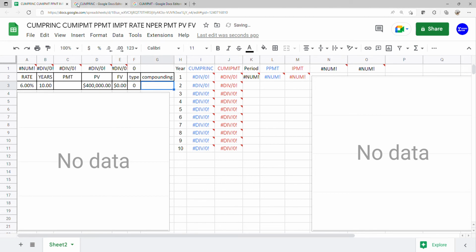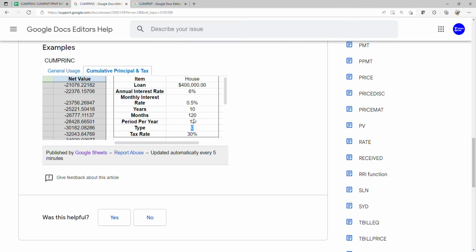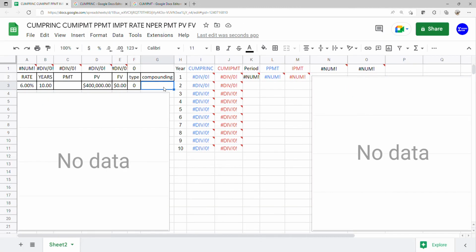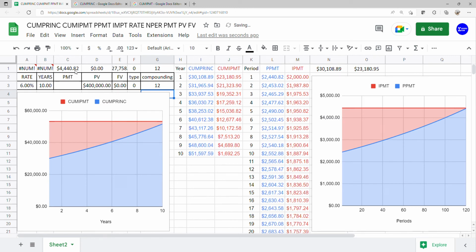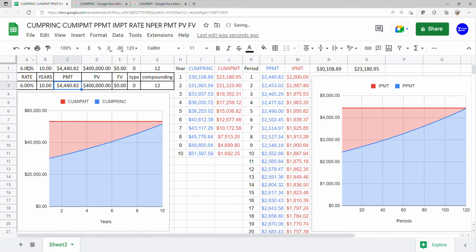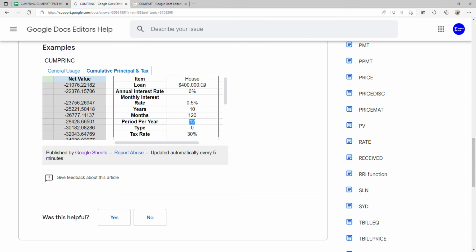What about the compounding? The compounding is the number of periods per year, so 12, which is also 12. So we copy this and paste. Now these values are exactly the same. Let's go to the results.